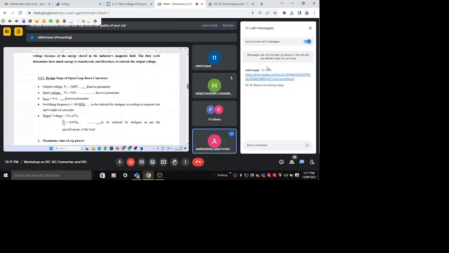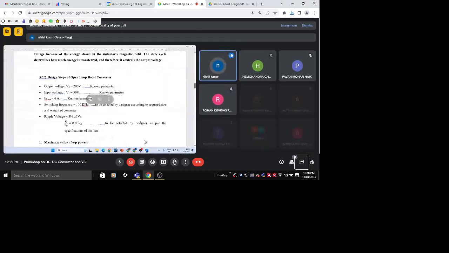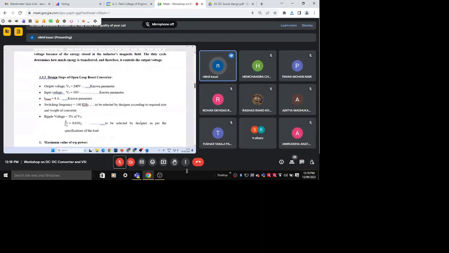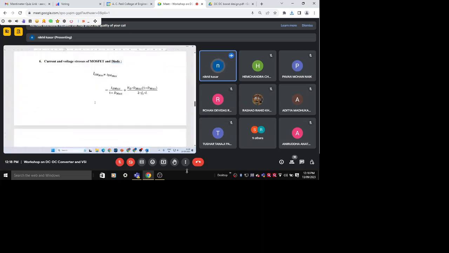Yes, sir. Please. So students, you can parallelly design the boost converter and calculate this numerical.